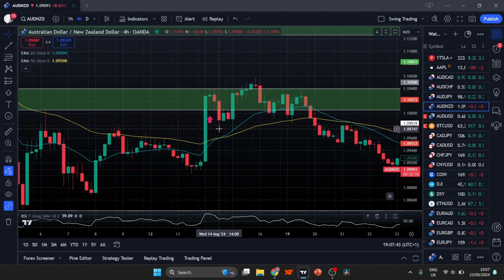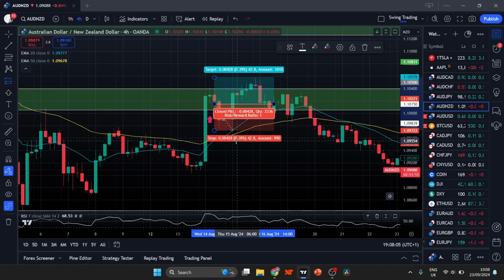Now, depending on your risk appetite and your risk reward, this is a potential reversal. Now, if you're a 2-to-1, which I am, and I always put the stop loss 3 to 5 pips above. So that's the entry there.